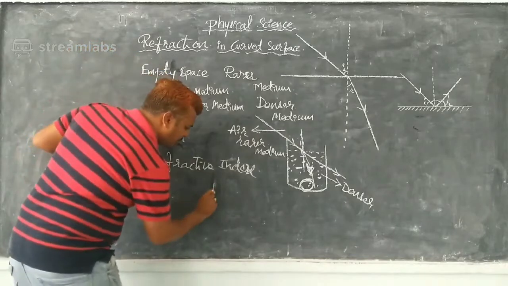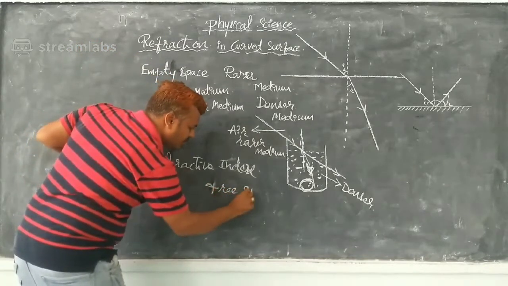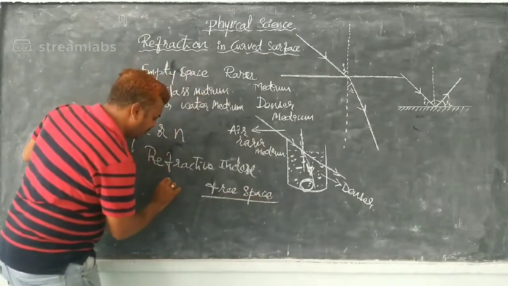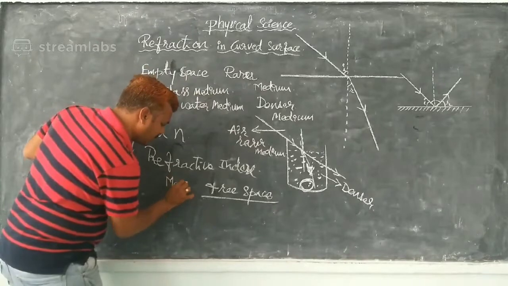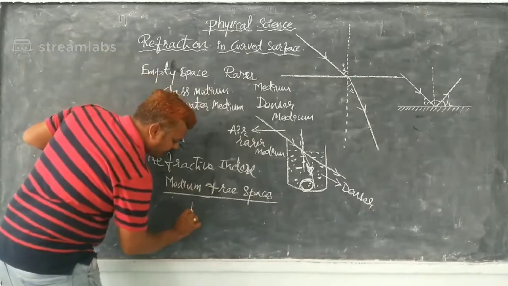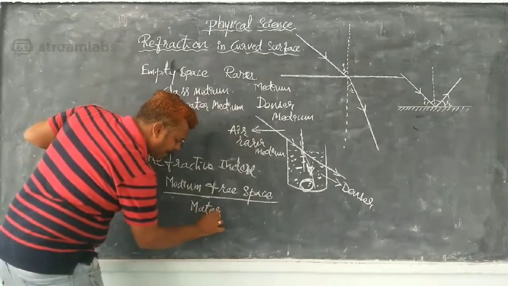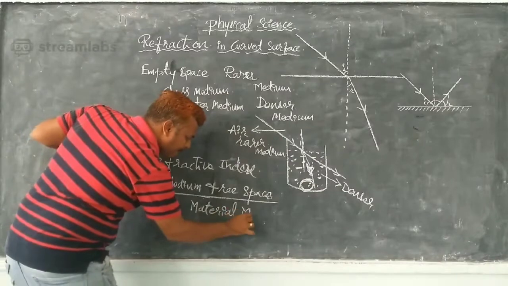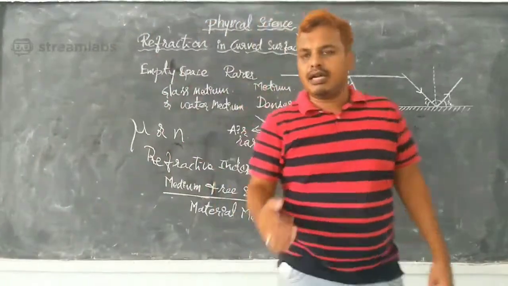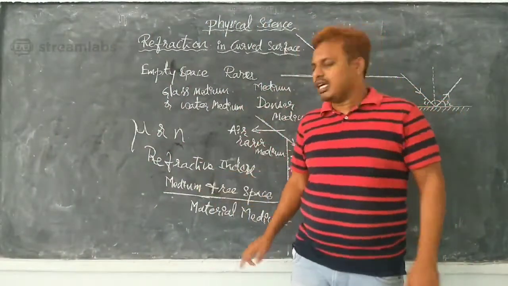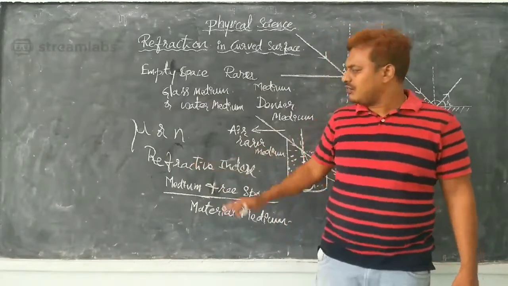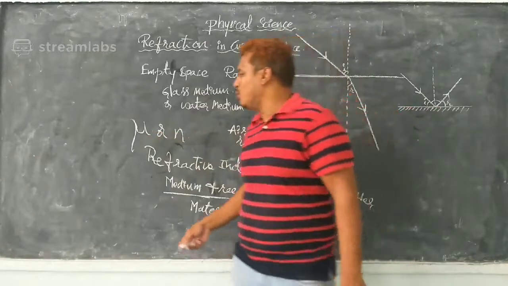Refractive index is nothing but the medium of free space divided by the material medium. So the medium of a vacuum divided by the material medium is known as refractive index.